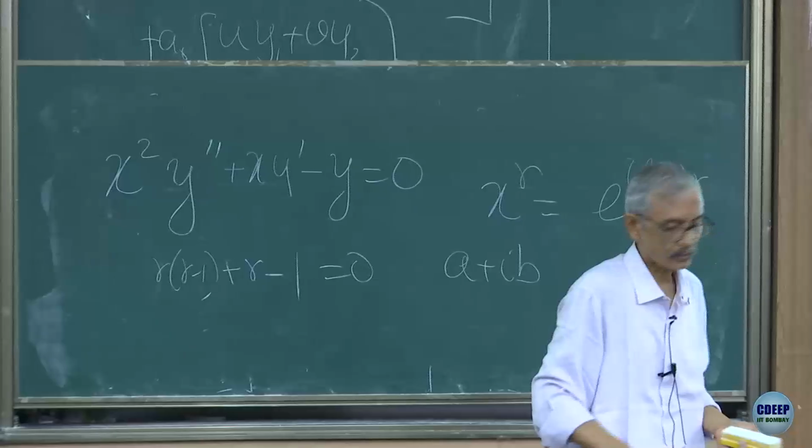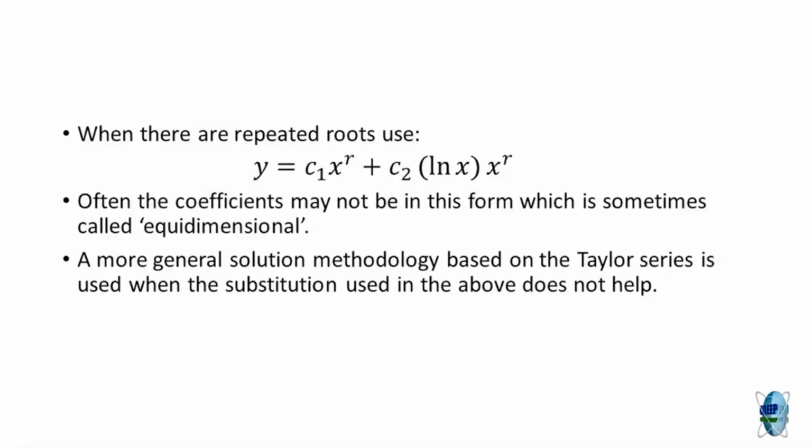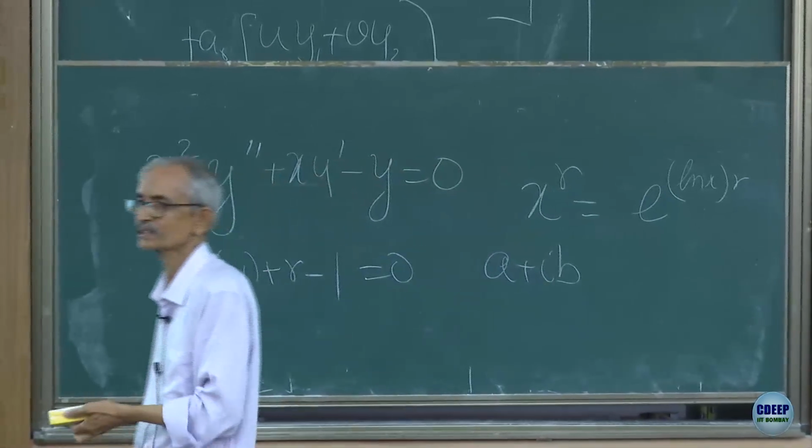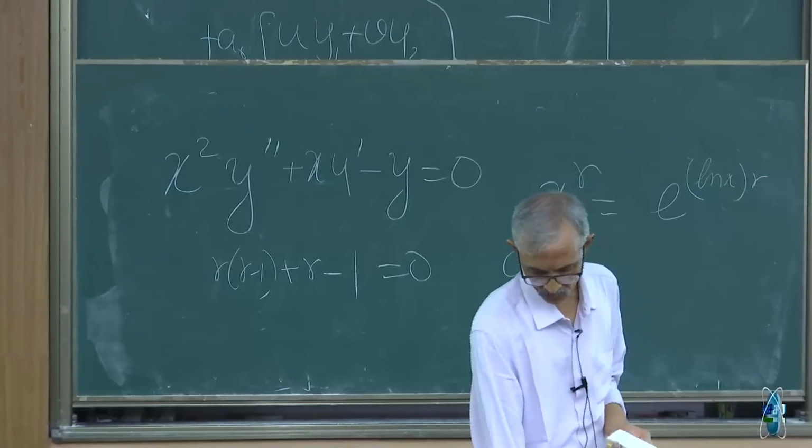Similarly, if you have equal roots, or repeated roots, then you can use the same procedure that we had done in the past and show that this is going to be equal to this. So this is going to come to you as your home assignment in the next one. You're going to do that on your own.